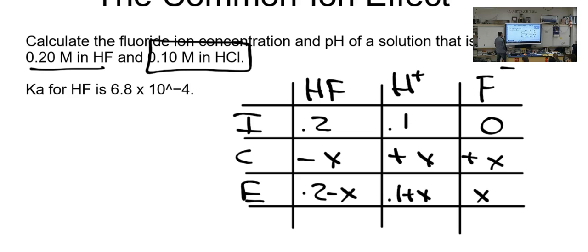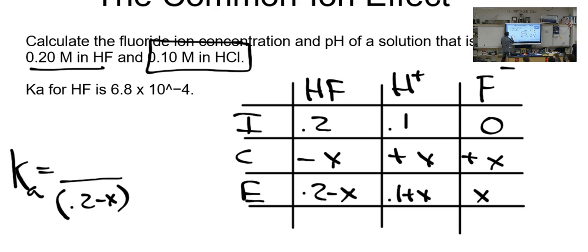All right. And then, based on this, I know my Ka expression is equal now to, no, that's on the bottom. Oh, that's right. Okay. 0.1 plus X, times X. All that jazz, right?